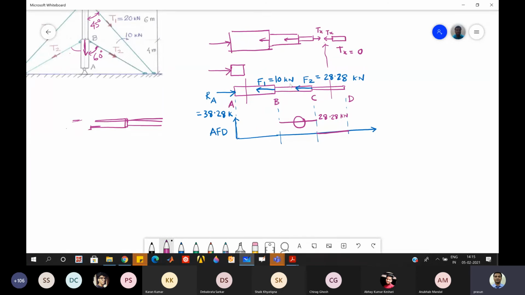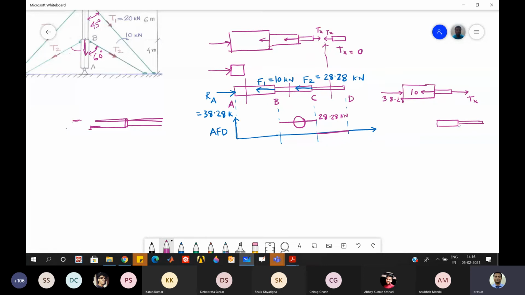So if you see here, if I just cut here, then if I just take this side, or any side I can take. So if I take BC portion, then I have this force and then a cut section of BC here. And then you can see I'll assume Tx positive like this, and there is a force here which is 10, and there is a force here which is 38.28. I can do the same thing taking this side also.